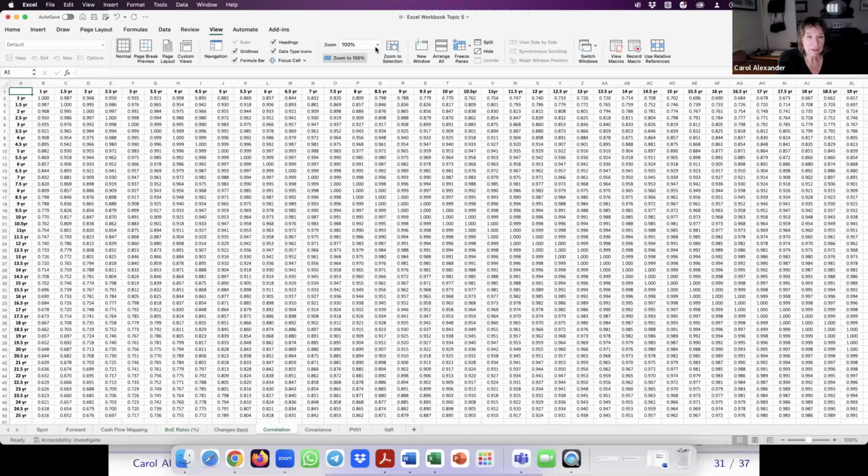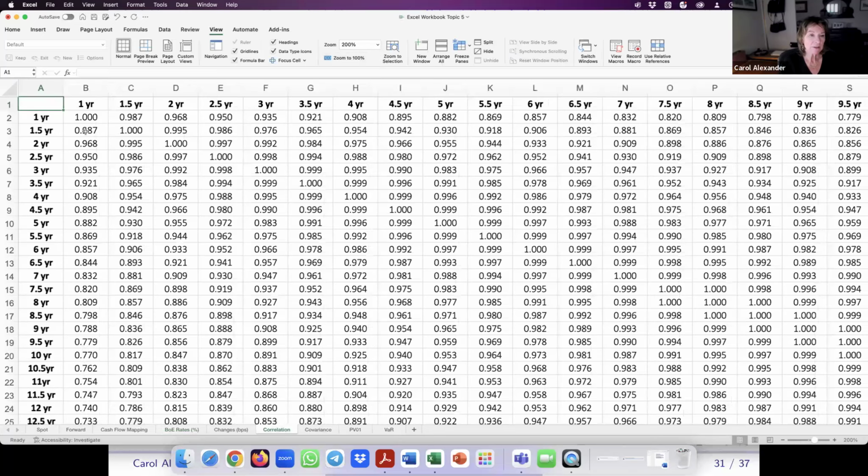We're not going to use those here, but I just thought I would show them to you because they're very large, right? So the correlation between the daily basis point changes, that's what you can see here. See this Corel command.